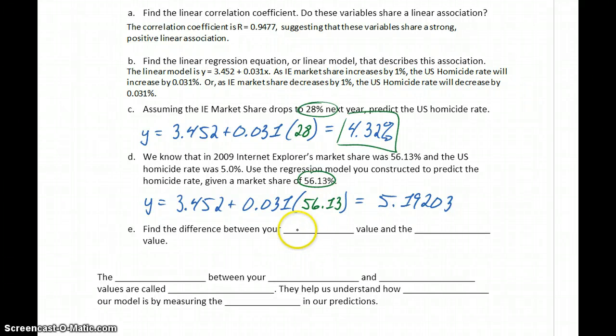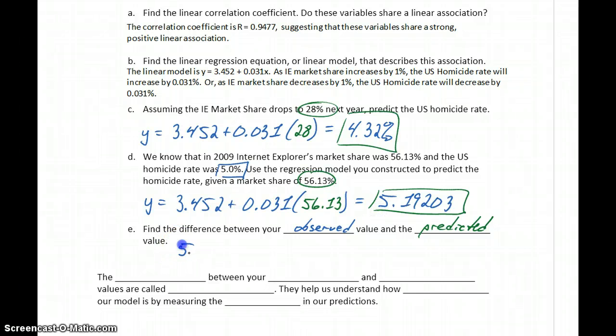As a last step, let's find the difference between the observed value, which was 5%, and the predicted value, which was 5.19203%. We take our observed value and subtract the predicted value to get an error, or residual, of negative 0.19203.